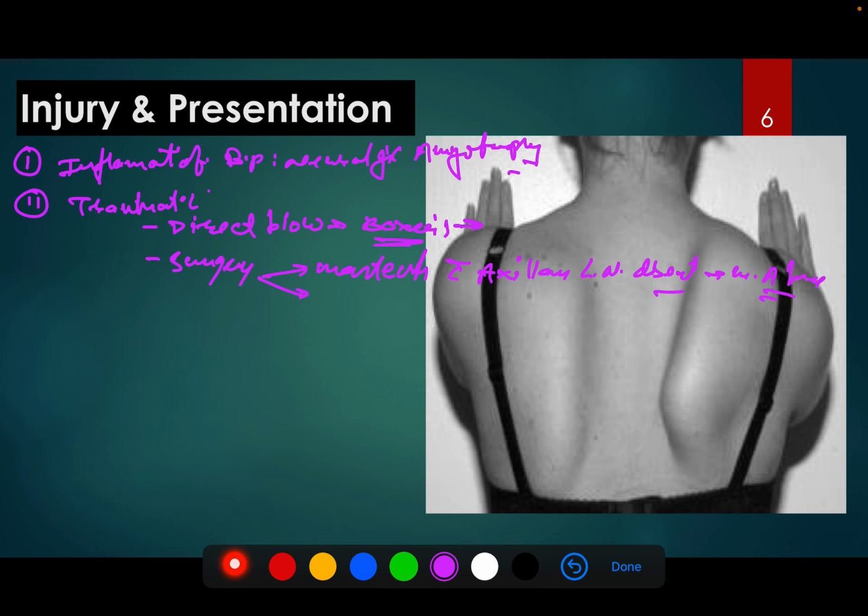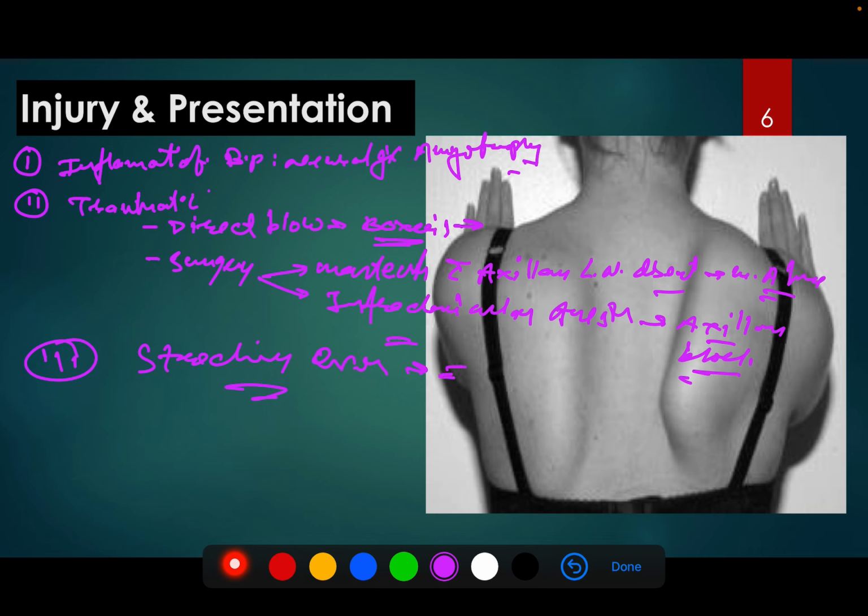Another cause can be infraclavicular anesthesia, as we do in the axillary block. We will discuss this axillary block. So this can cause the injury to my long thoracic nerve. Similarly, sometimes we may do the stretching exercise of the shoulder. The shoulder is hyperabducted, right? So in these conditions also, it can cause the injury to my long thoracic nerve.